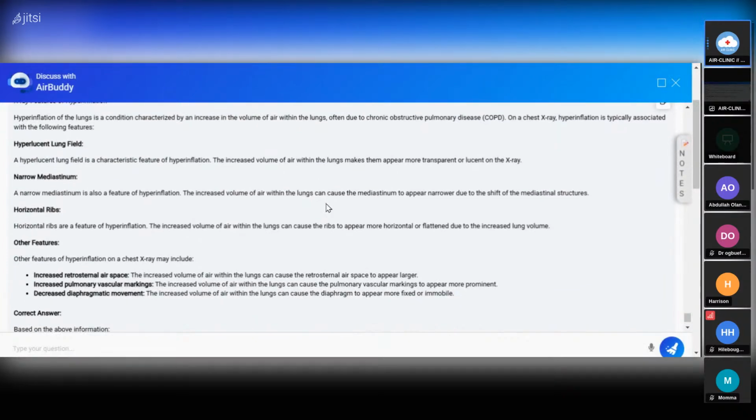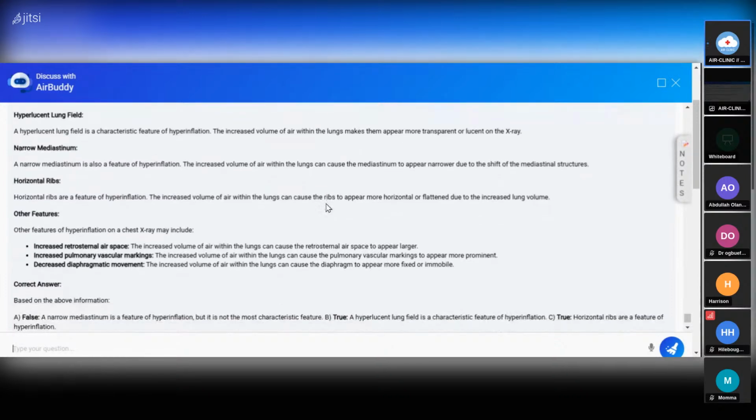So hyperlucent lung fields are a characteristic feature of hyperinflation because of the increased volume of air in the lung fields. Narrow mediastinum is also a feature of hyperinflation. The increased volume of air within the lungs can cause the mediastinum to appear narrower due to the shift of the mediastinal structures.